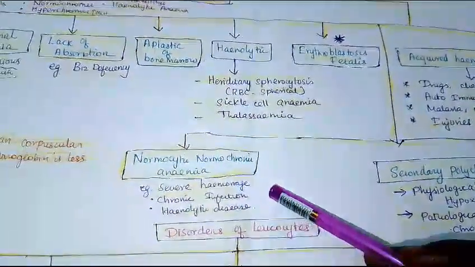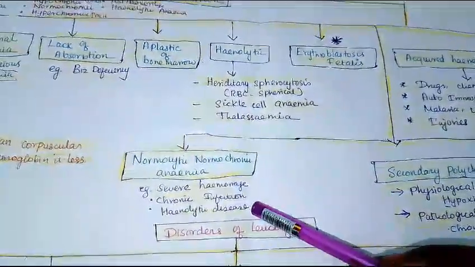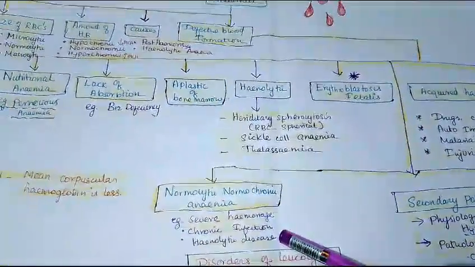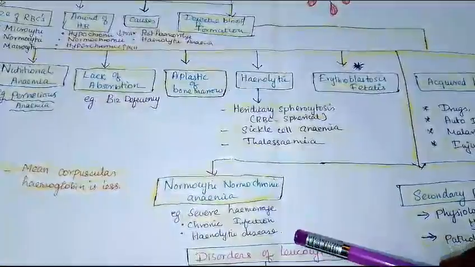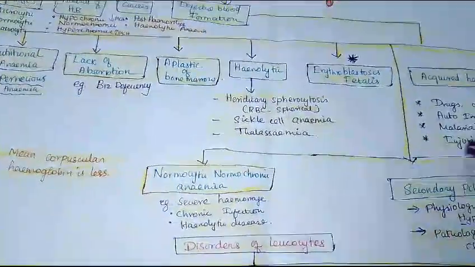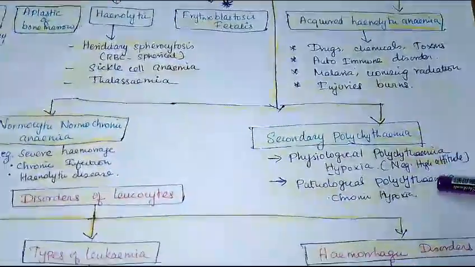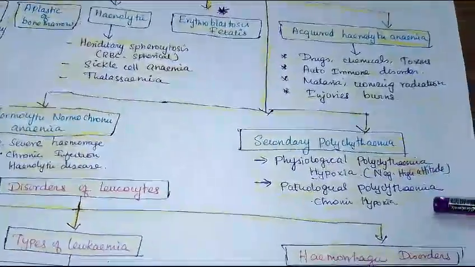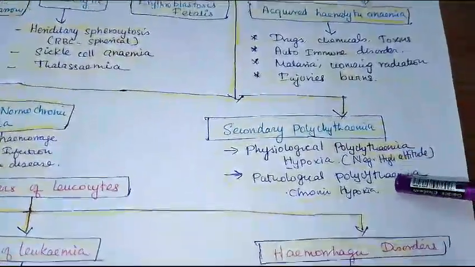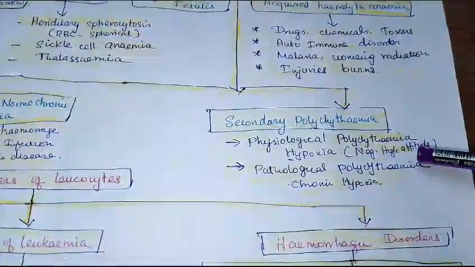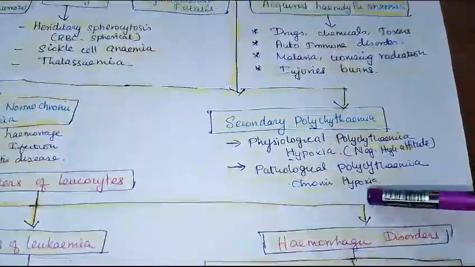Normocytic normochromic anemia will be due to severe hemorrhage, chronic infections, and hemolytic diseases. Then secondary polycythemia, that is mainly due to physiological causes, people living at a very high altitude, and pathological polycythemia.